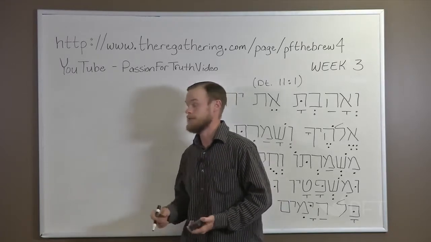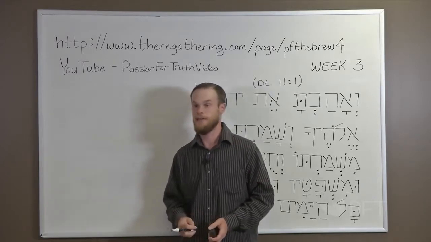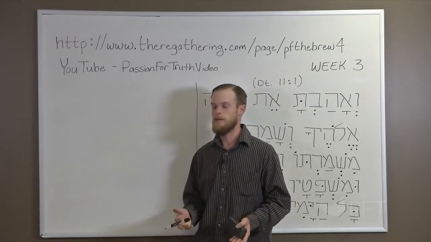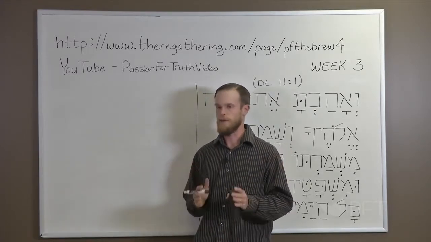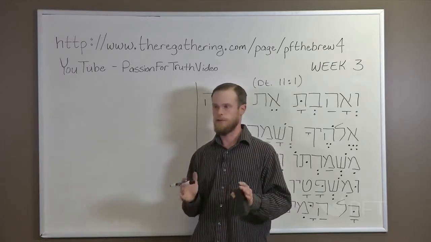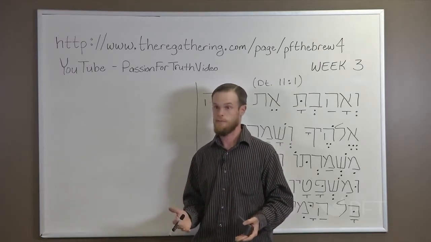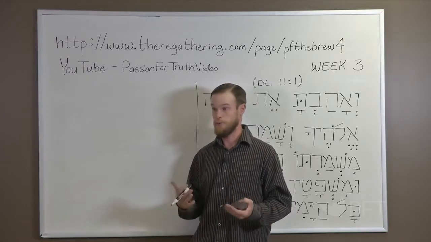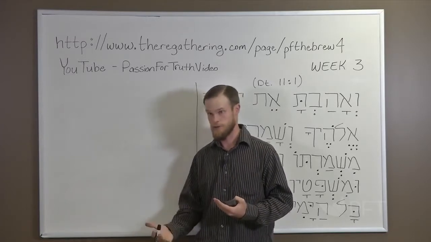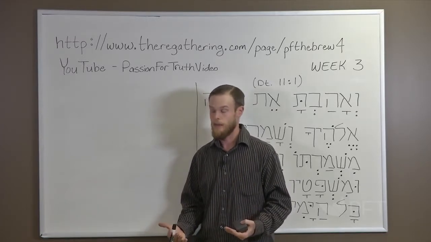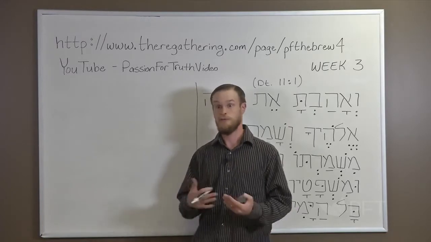Another idea that I remember reading one time is that they're written that way in order that they never be replaced with the letters that they could be confused with. So ayin and aleph could be confused with each other because ayin is a very subtle sound and aleph is silent. And dalet and resh could be confused with each other.